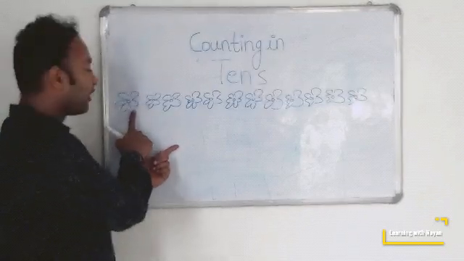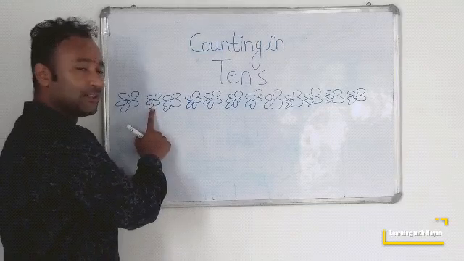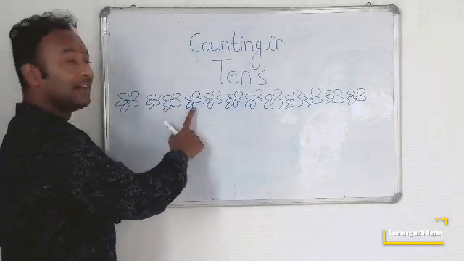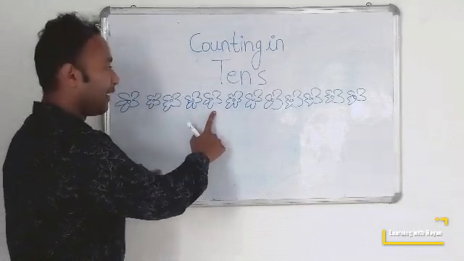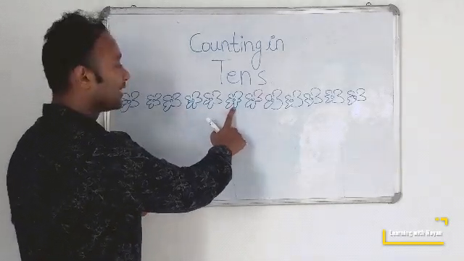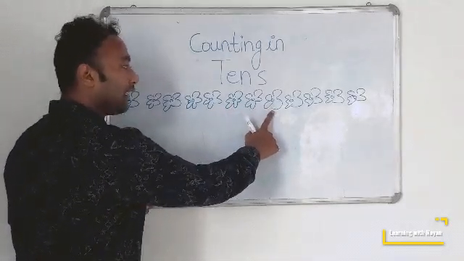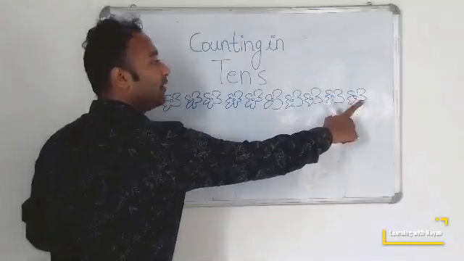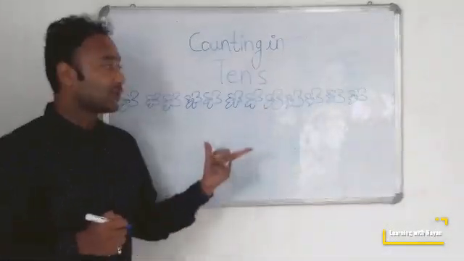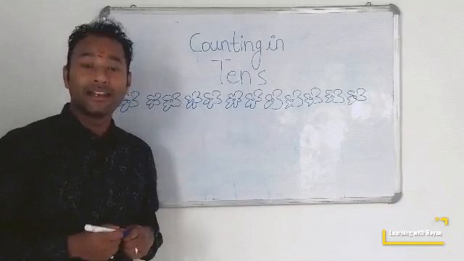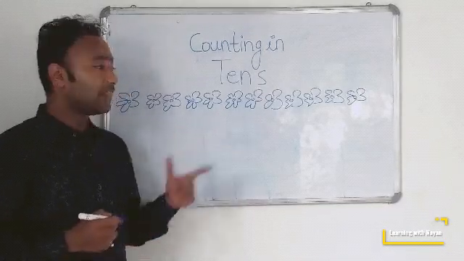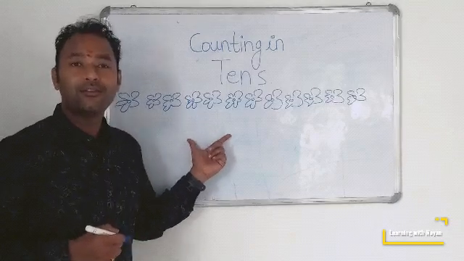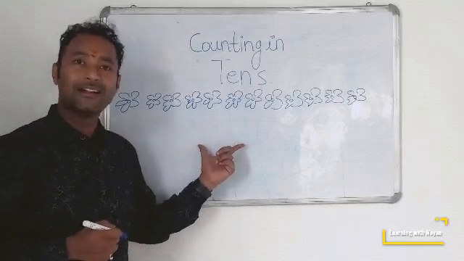We'll start from the first: 1, 2, 3, 4, 5, 6, 7, 8, 9, 10, 11 and 12. So in total how many flowers are drawn? Yes, there are 12 flowers drawn on the board.